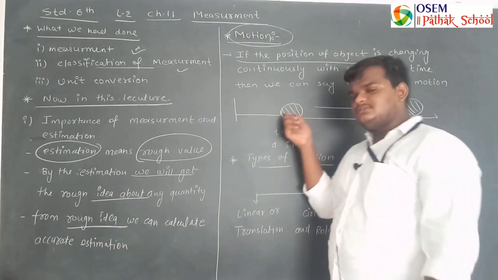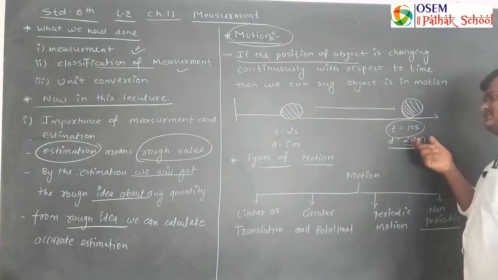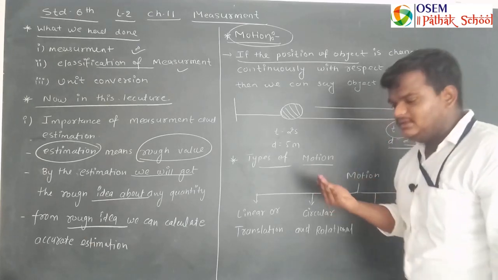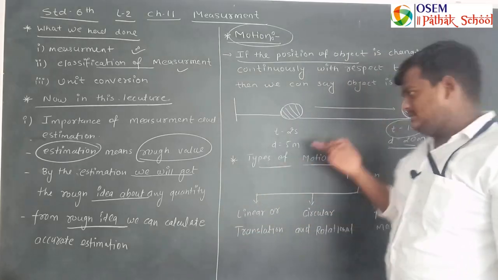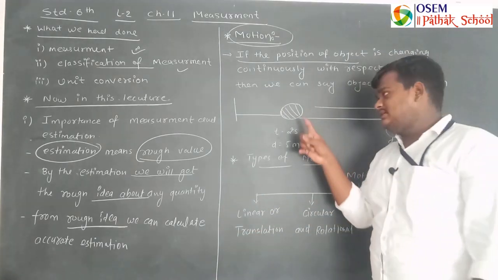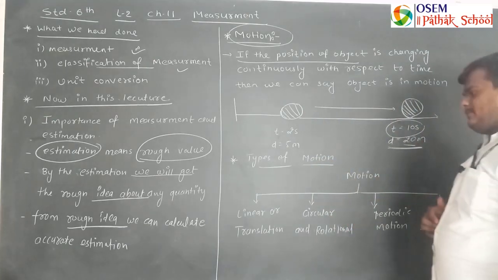So means the position of the object is continuously changing with respect to the time. समय के साथ उसकी पोजीशन में क्या हुआ, change हुआ. So this is known as a motion. So we can say this ball or this object is in motion.